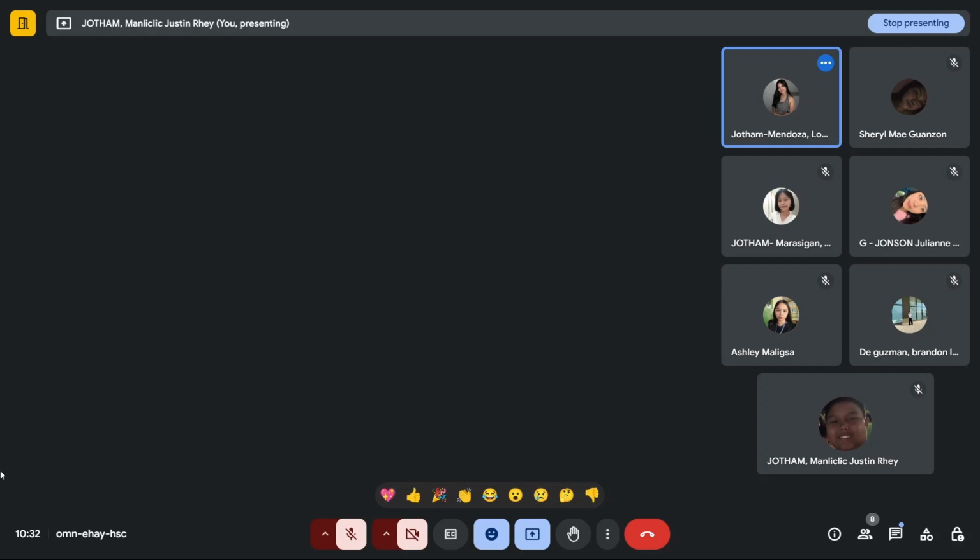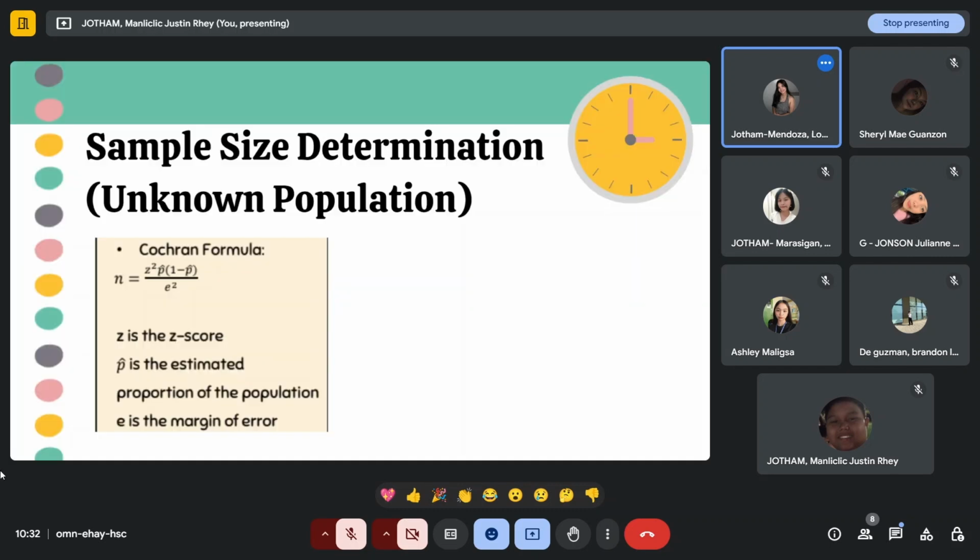So, what if the population is unknown? If we don't know the population size, we use Cochran's formula. The Z is the Z score based on the confidence level. The P is the estimated proportion of the population, while the E is the margin of error.